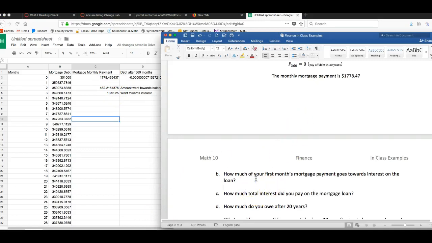So I'll kind of summarize that here. Debt after 1 month is $350,537, and I'll round that to 78.